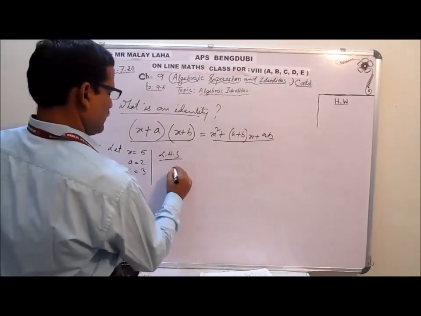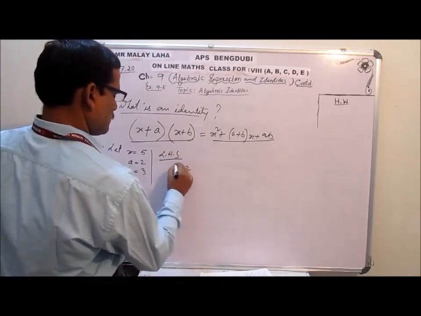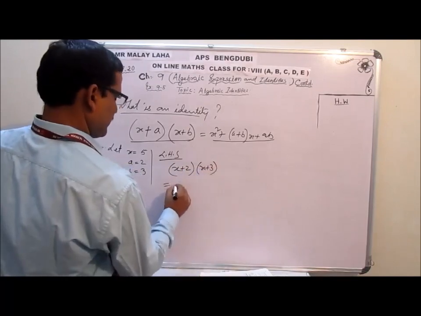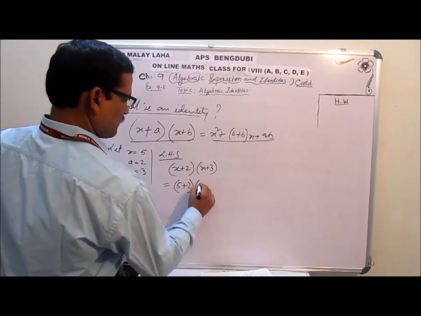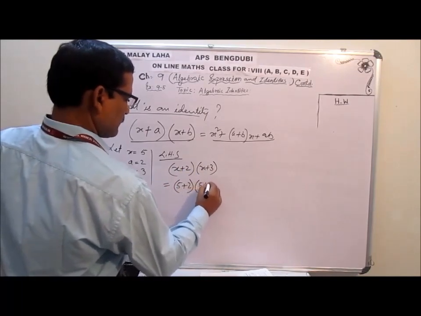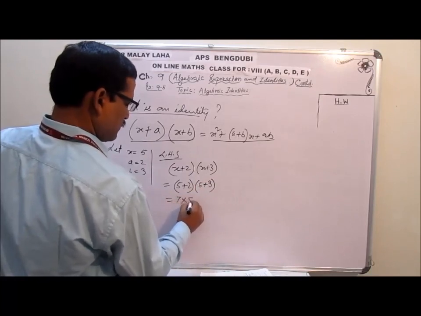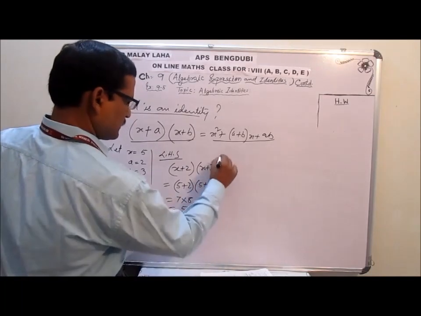So x plus 2 into x plus 3. I have taken x as 5, so 5 plus 2 into 5 plus 3. So 7 into 8 equals 56.